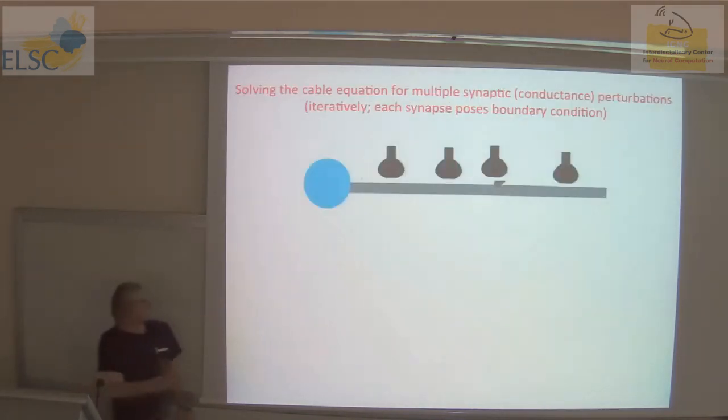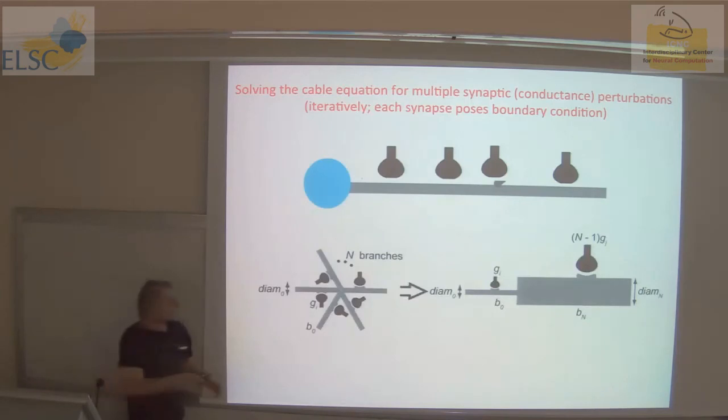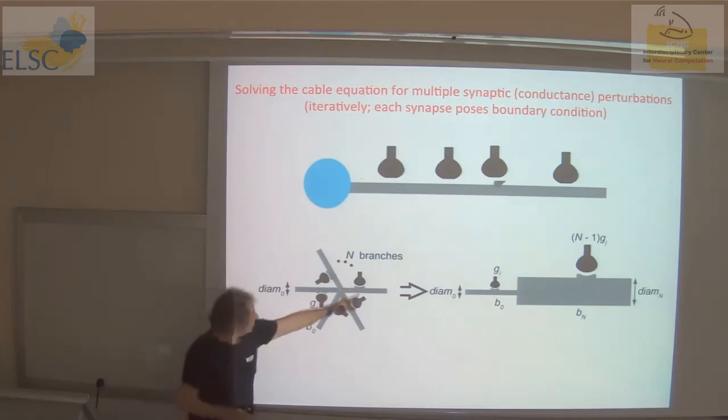Okay, but we want to solve the equation for multiple conductances, because as I said before, there is never one inhibitory conductance. I want to solve the cable equation for multiple conductances. We can do it iteratively, analytically, and we can also take cases like this, which are symmetrical and nice, so we can compute, for example, for a starburst-like inhibition like this.